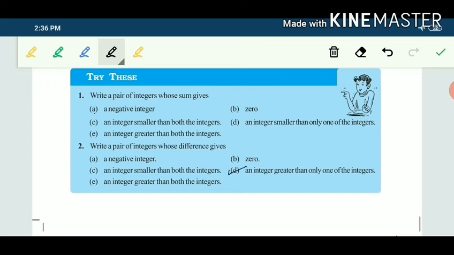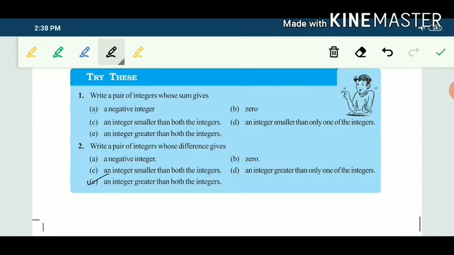Fourth part, an integer greater than only one of the integers. The answer should be greater than one integer and smaller than the other integer. So take any two integers, 4, their difference, so minus 1. The answer is 3. Now 3 is smaller than 4 and it is greater than 1.